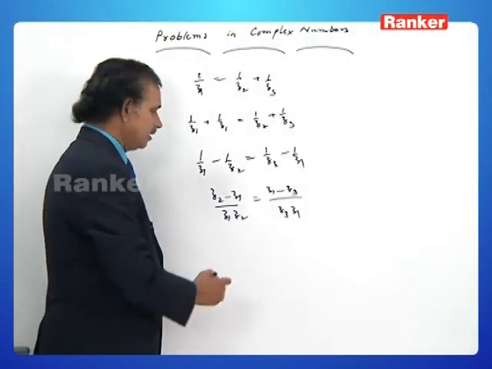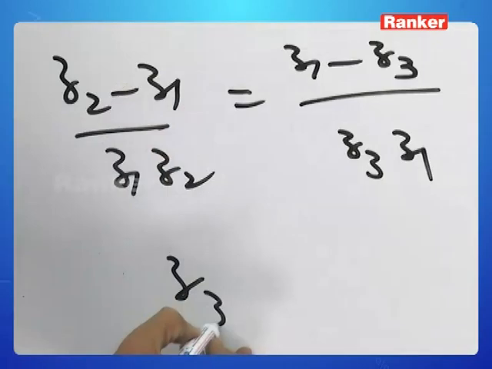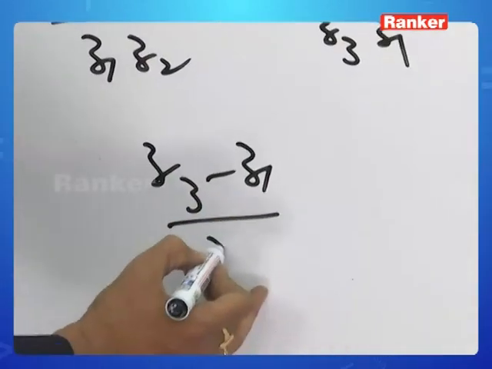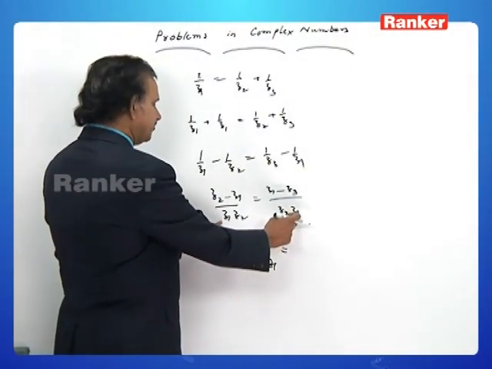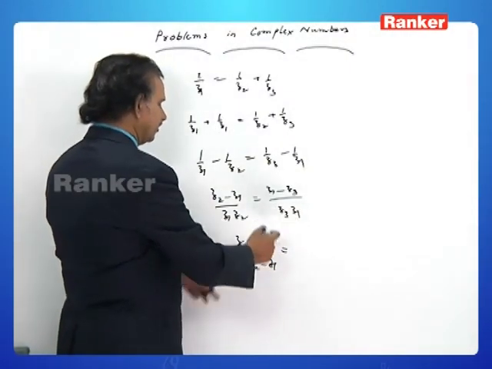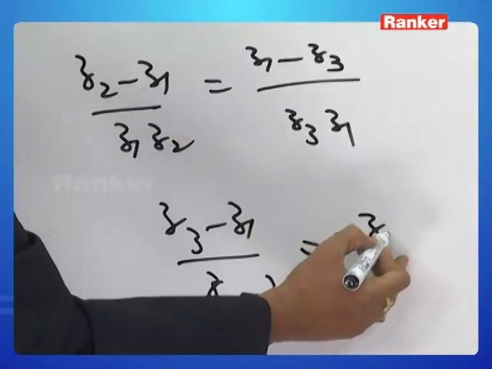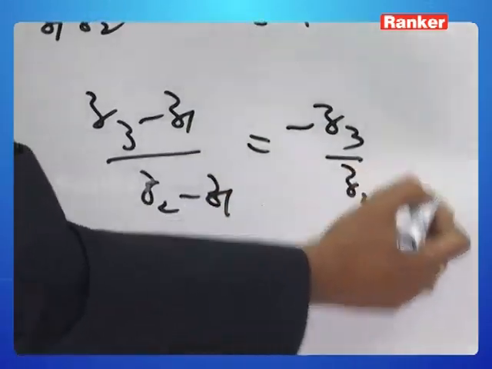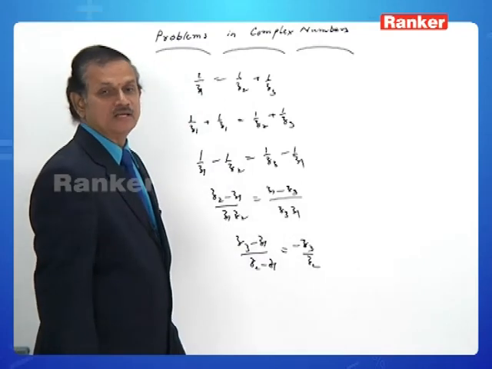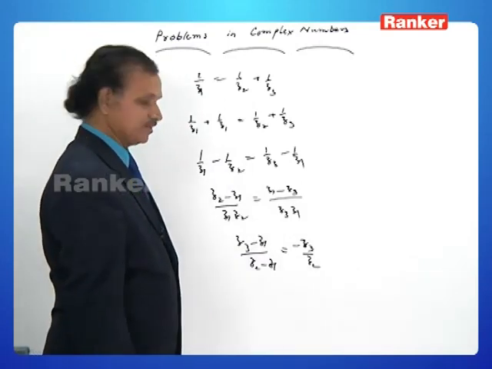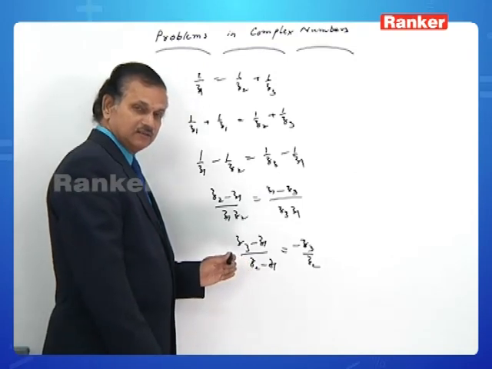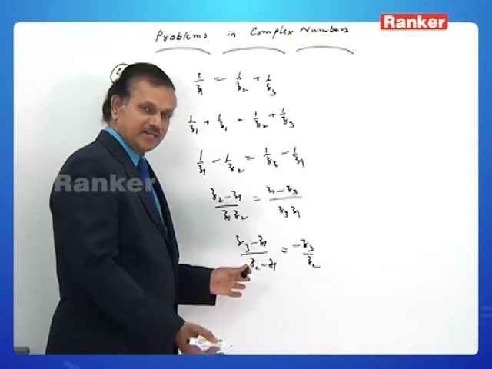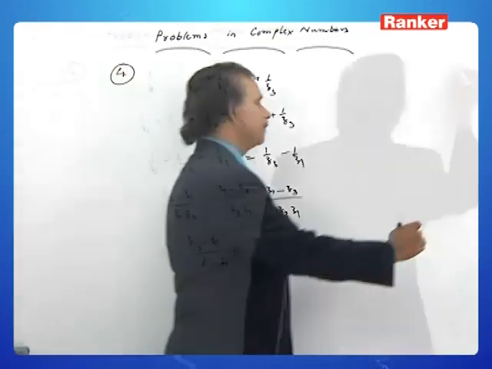From this we have (Z3 minus Z1) by (Z2 minus Z1) is equal to, cancelling Z1 on both the sides, minus Z3 by Z2, right? There is a purpose of obtaining this one. This complex number gives us so many ideas. Look here.